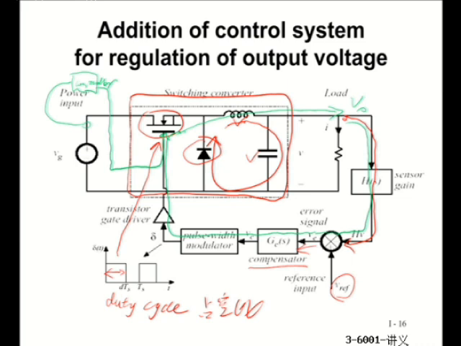That's feedforward, because when you measure the input voltage through this controller, the output of the controller directly controls the MOSFET and then controls the output voltage. This output voltage does not affect the input voltage in return.